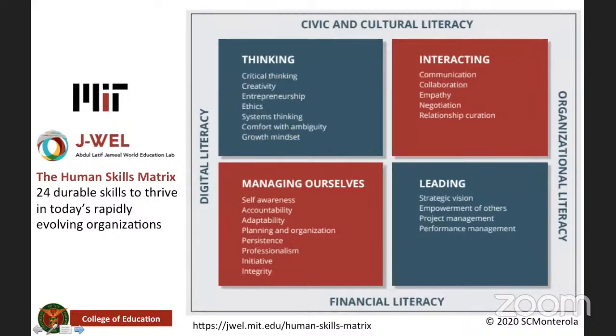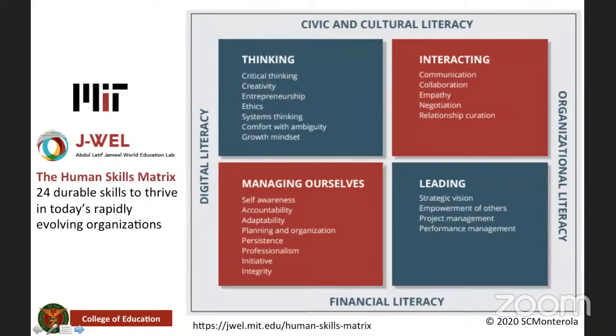So here I'm presenting the MIT Human Skills Matrix, or the HSX. It's a list of 24 durable skills that they were able to determine from a series of workshops they have done with industry people. They say that these are the 24 durable skills to thrive in today's rapidly evolving organizations.